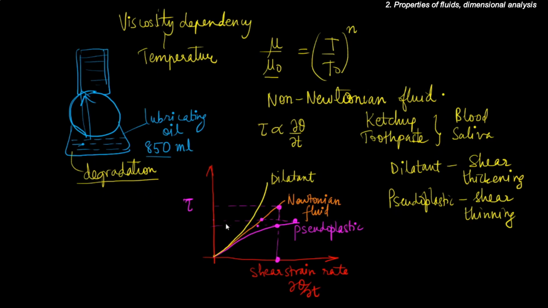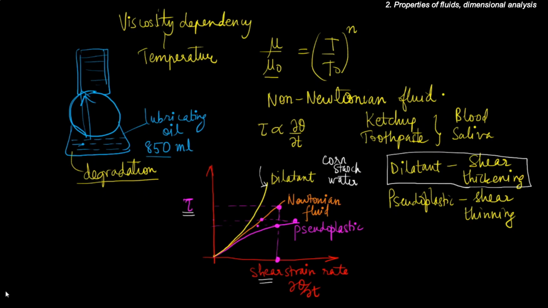Examples of dilatant fluids are a solution of cornstarch in water. You can look up YouTube, you will find a lot of videos where you suddenly punch a solution of cornstarch and water and it almost behaves like a solid block.